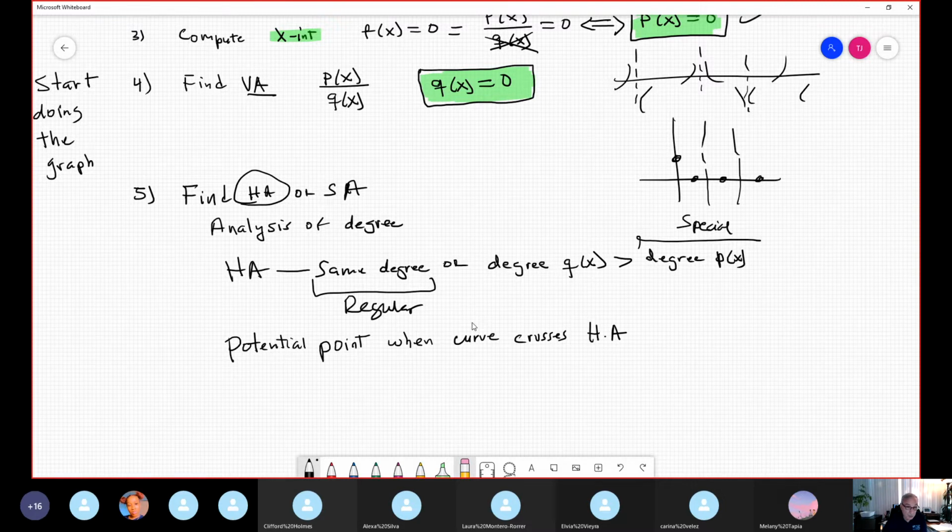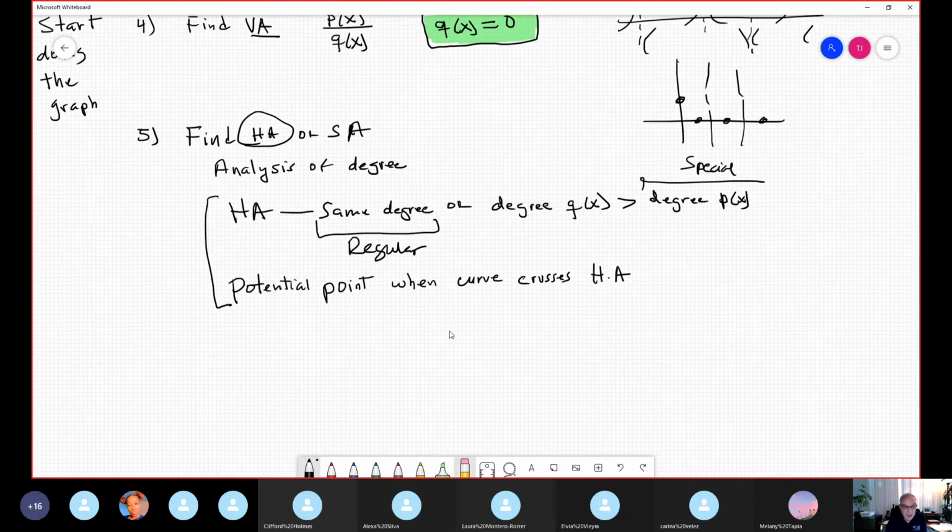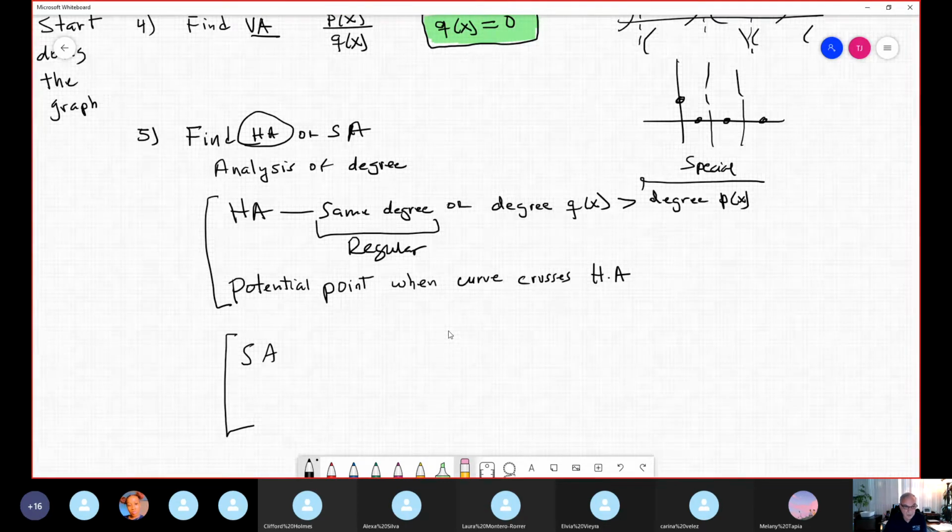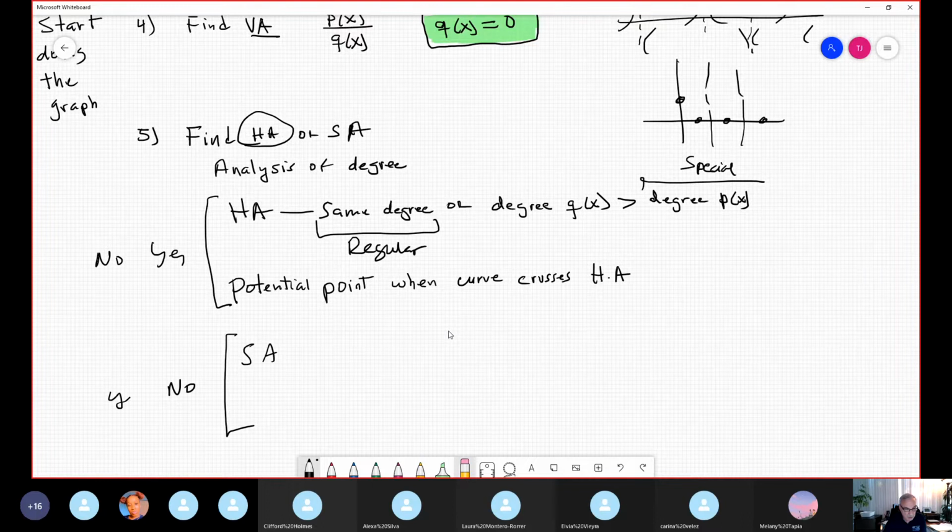Another possibility is, well, this is the horizontal topic, but sometimes it's slant. And this is completely disjoint, mutually exclusive. The answer here is yes, the answer here is no. Not necessary, but frequently it happens that way.